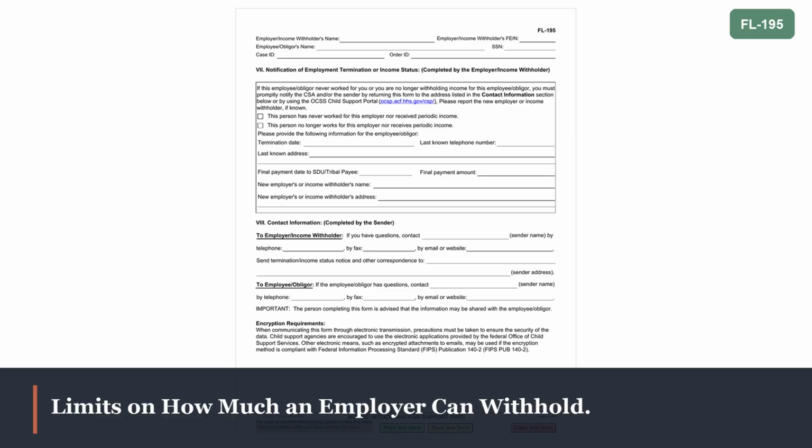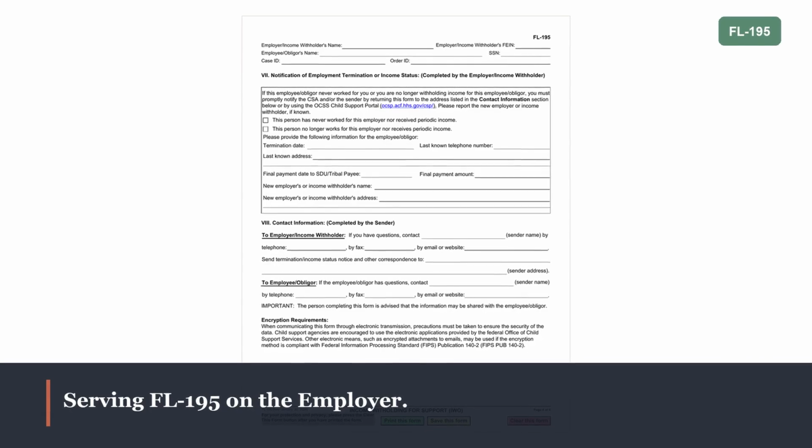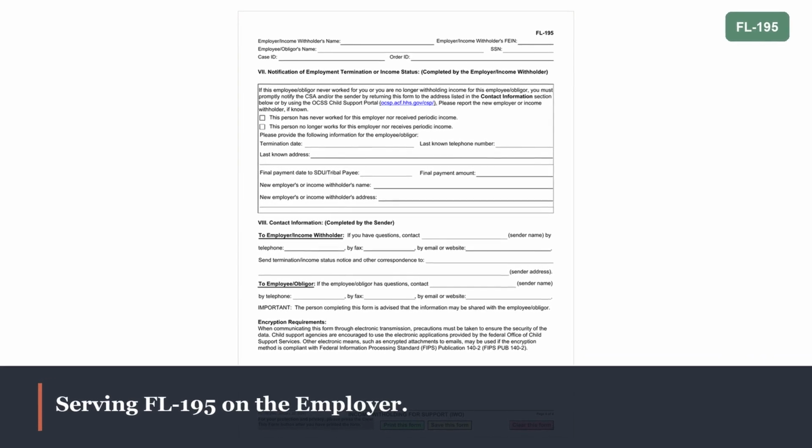The specific withholding percentage limits are listed on the order itself and can vary depending on factors like whether the employee is supporting another family and how much, if any, past due support exists. Confirm current limits with the issuing agency, the SDU, or a county superior court self-help center rather than relying on a remembered percentage.